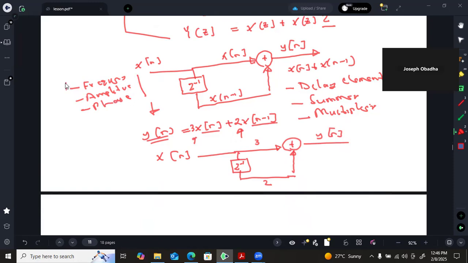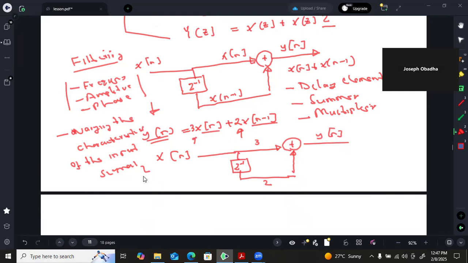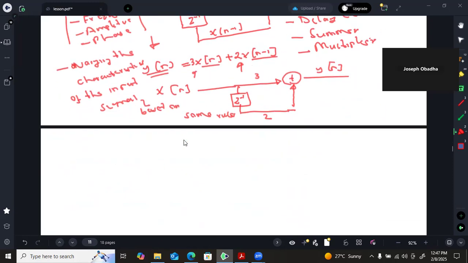Basically we are saying that there would be some filtering which shall have taken place, or simply varying the characteristics of the input signal based on some rules to obtain the output, of course, to achieve a certain objective.